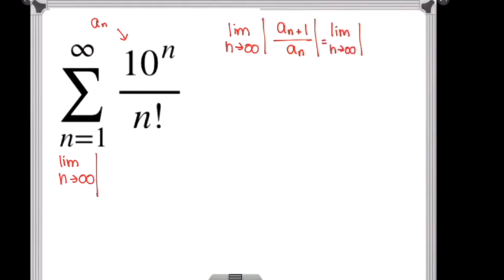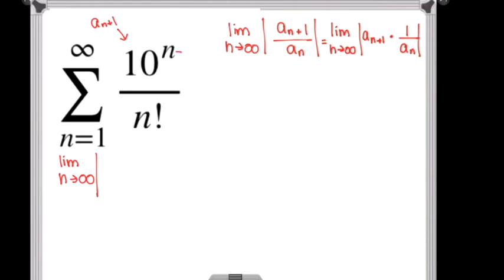This is going to be equal to a with a subscript n plus 1 times the reciprocal of a sub n. That's how we're going to attempt this problem. We're going to take the expression a with a subscript n plus 1 and multiply by the reciprocal of a sub n.